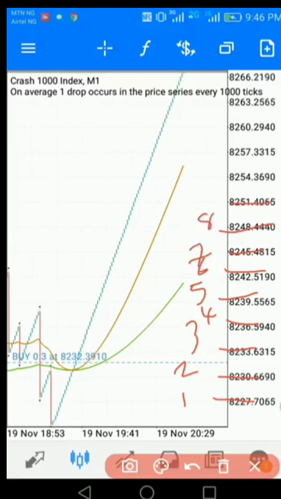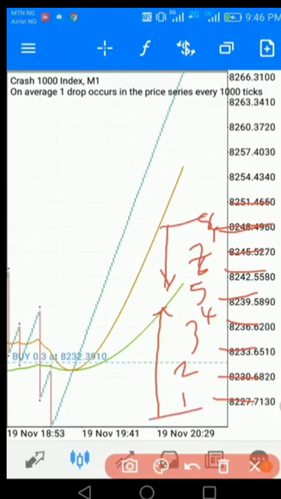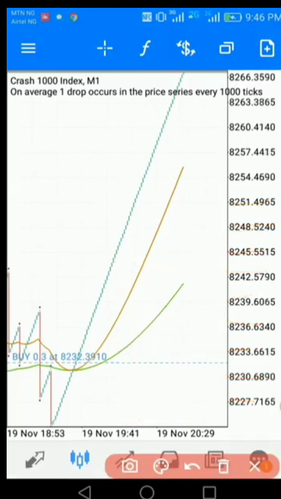Now, if the crossing falls in between this place, then take your 10 candlesticks and you are out of the trade.